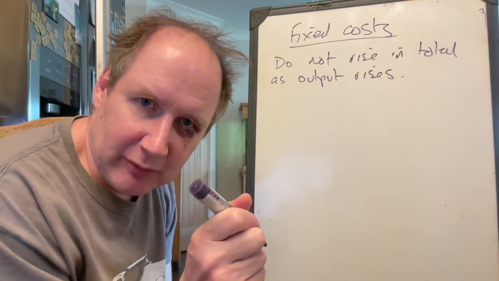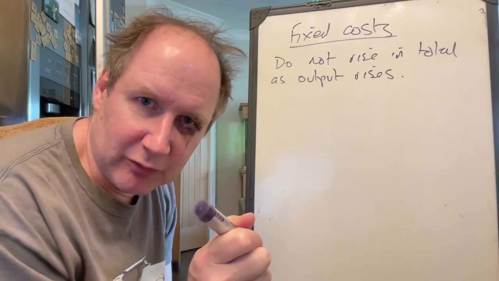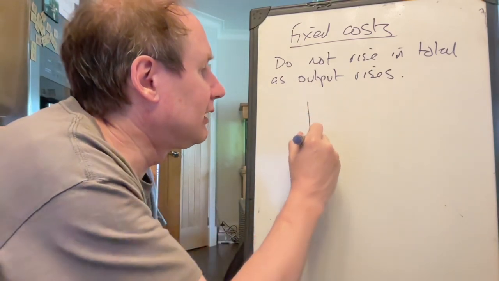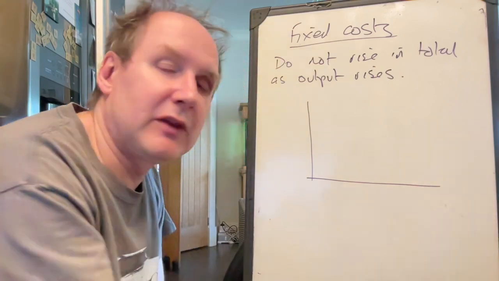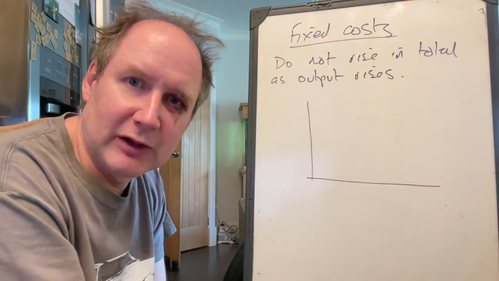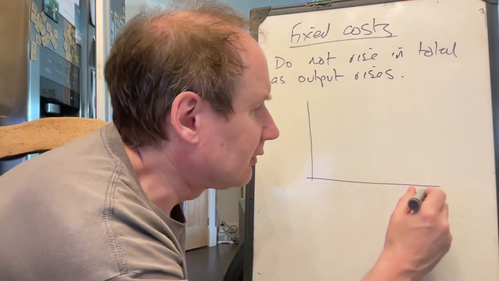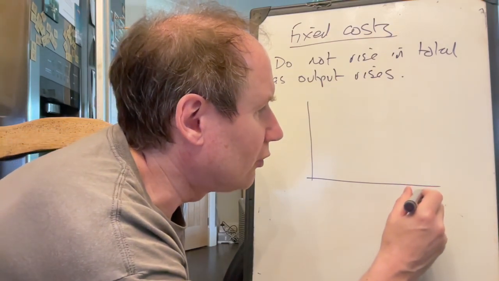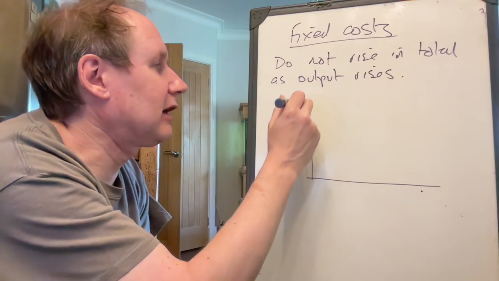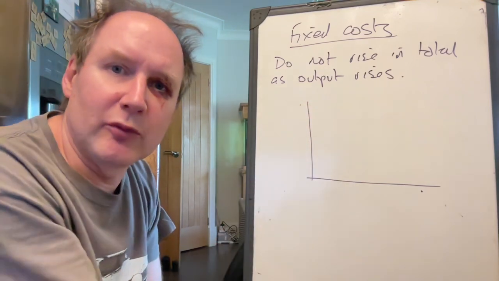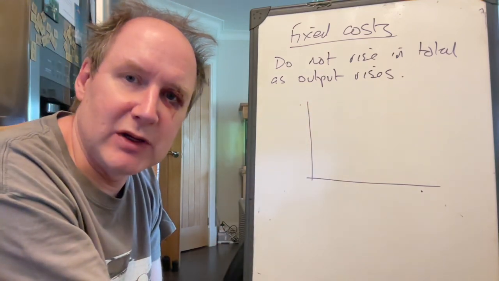Important thing to note now, if you watched the videos on product curves earlier, it's really important to understand that the axes that we're using now have changed. In the product curve diagrams, we had labour workers down here, and we had output up here. Now, the point about that was a means to an end.